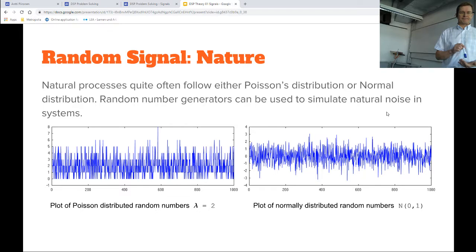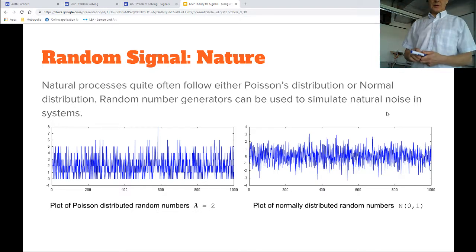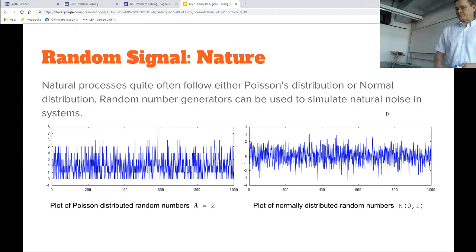With big numbers, usually any random signal will go close to the so-called normal distribution.